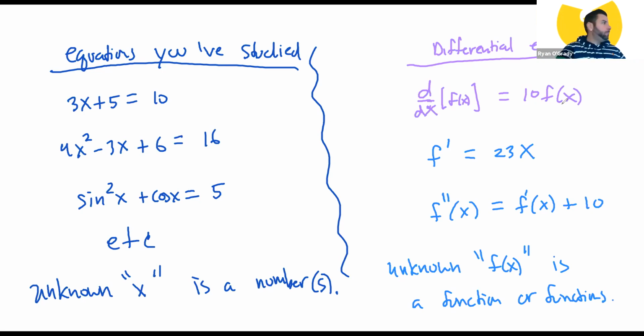Any comments, questions? If you've ever taken a physics class and you've heard of Newton's second law, force equals mass times acceleration. That is a differential equation. Yes? For example, for that f prime equals 23x, right?